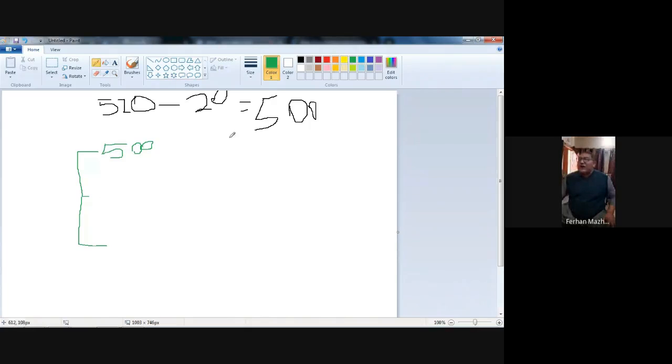So this will become 250. If you have 500, it will become 250. When another half-life passes, this 250 will be halved further and become 125.